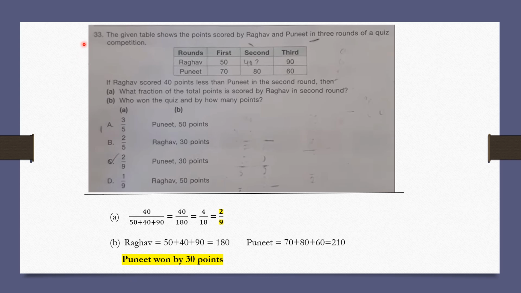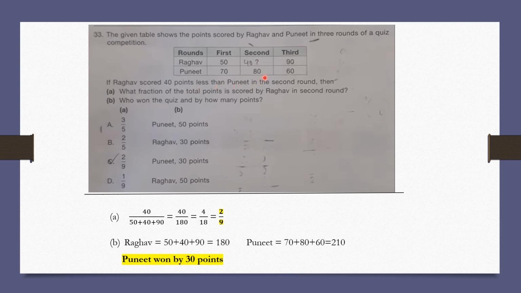Question number 33. The given table shows the points scored by Raghav and Punit in 3 rounds of a quiz competition. If Raghav scored 40 points less than Punit in the second round, then A. What fraction of total point is scored by Raghav in second round? So it is given in the second round Raghav scored 40 points less than Punit.